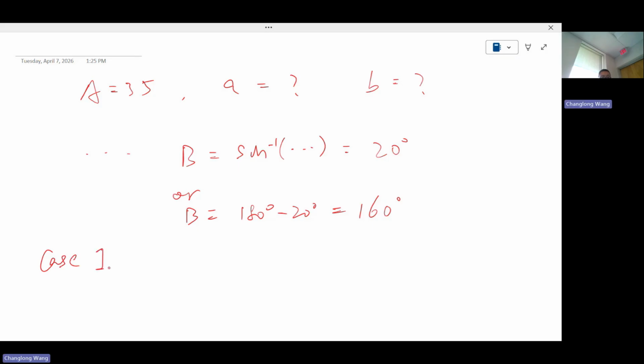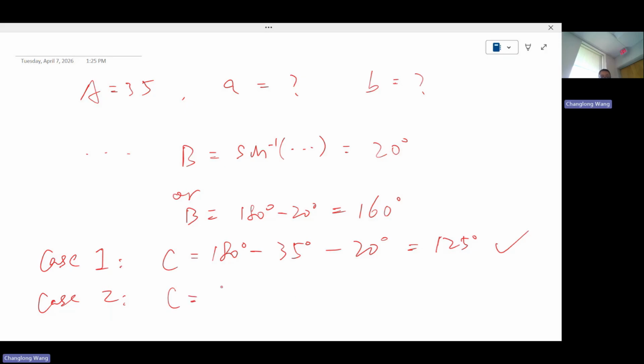Case one. So C, because you're gonna find the third angle, right? So angle C will be 180 minus A, which is 35, and B is now 20. So what you get is 125, right? Does it seem a good angle to you? 125 should be fine, right? Okay, let's keep it. All right, case two.